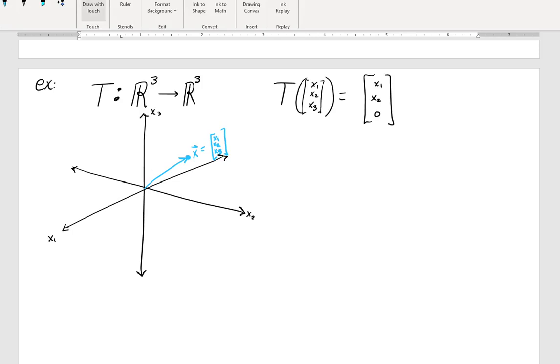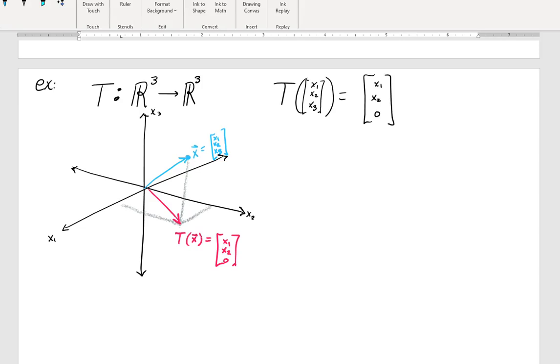Then what I'm going to get is that it's taking it and shoving it down on the XY plane.